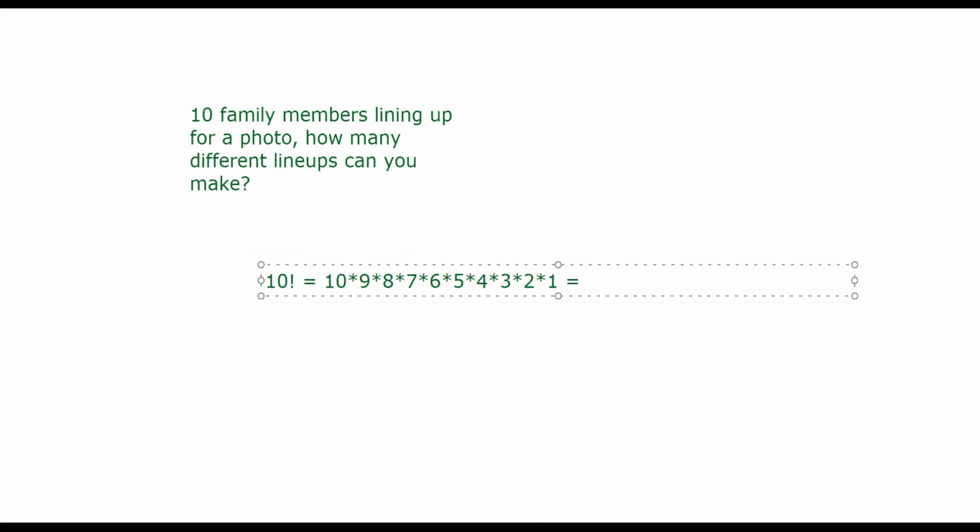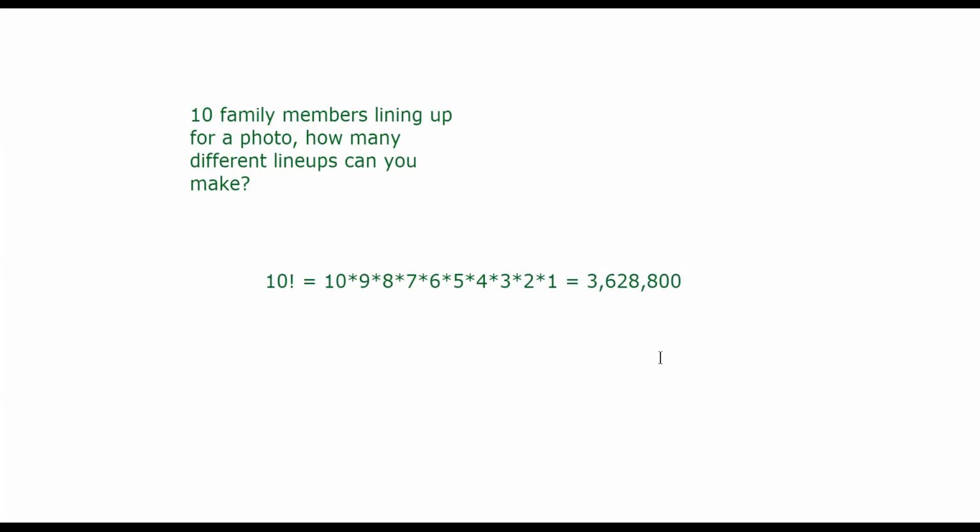Now you could go into a calculator and just type that out manually. You would get 3,628,800.